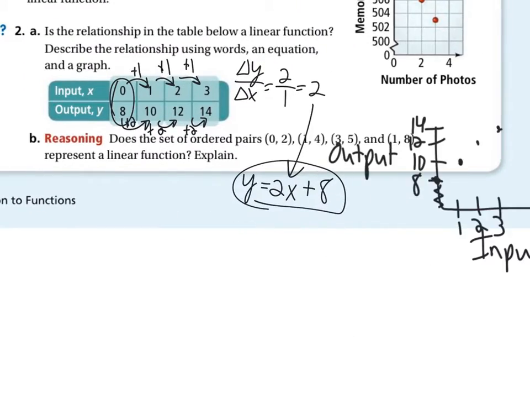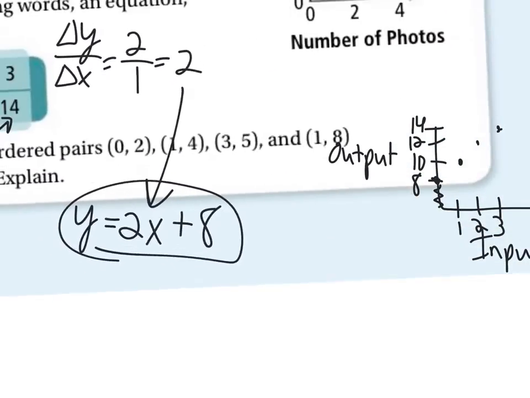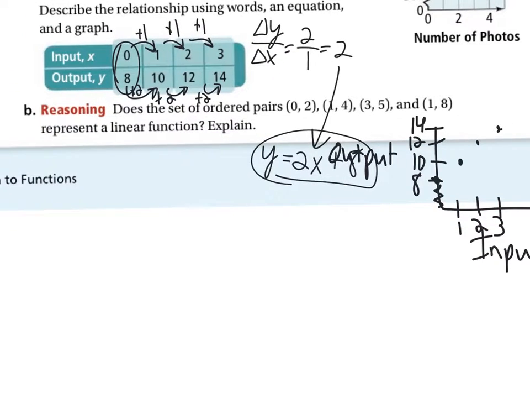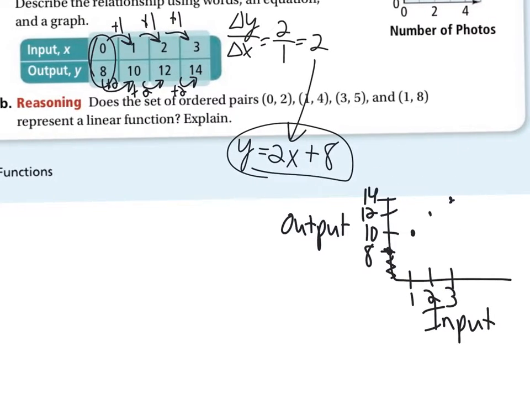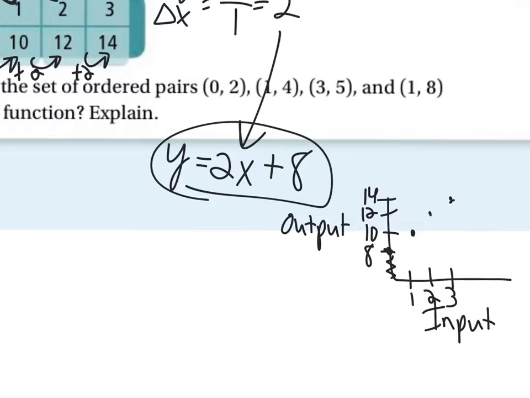Part B, does the set of ordered pairs there represent a linear function, and explain. So this is not a linear function. One thing would be that we could graph these points and see what they look like.